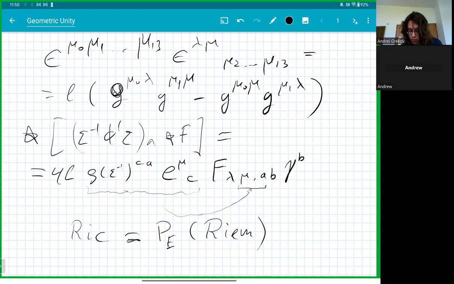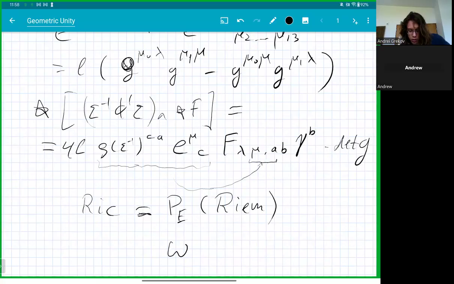Oh yeah, I missed the determinant of G. But it's unclear why, and we already have the role of the metric taken by omega 1, the symmetric part of it or something.